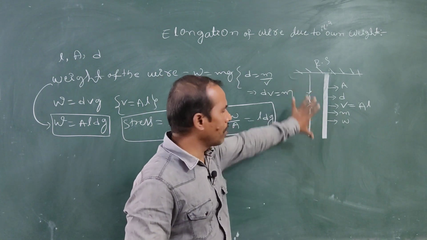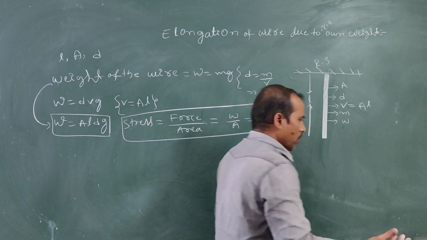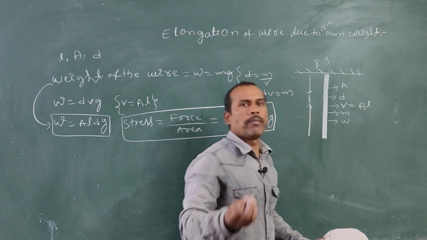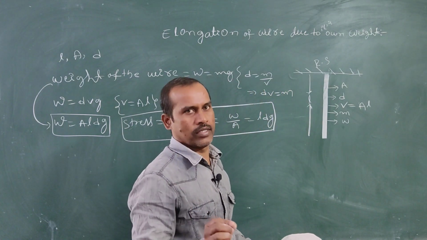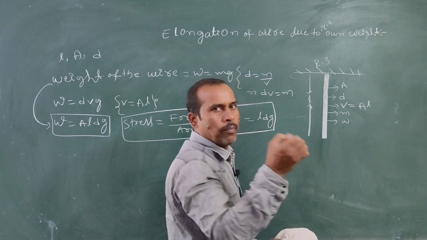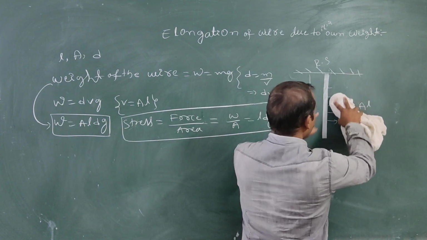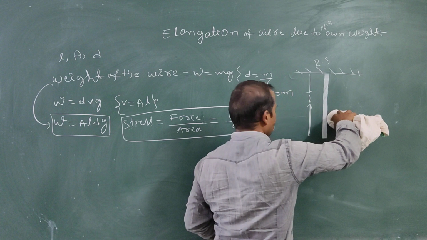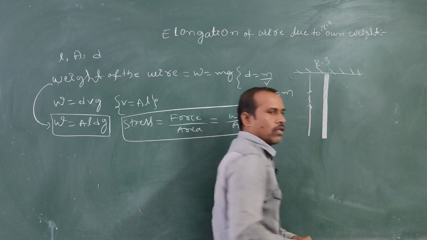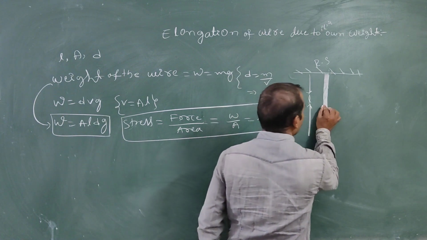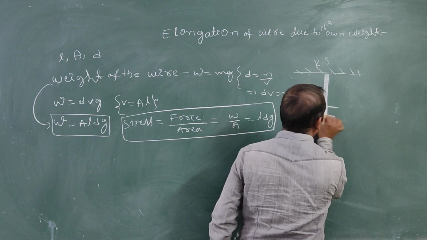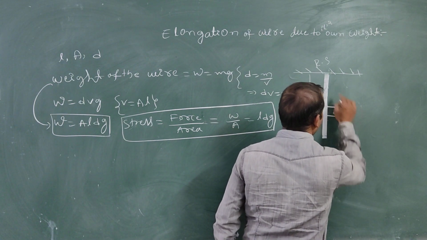Now this is the initial situation. Now consider a small element of thickness dx at any point; for example, this one here is the dx element in the wire.